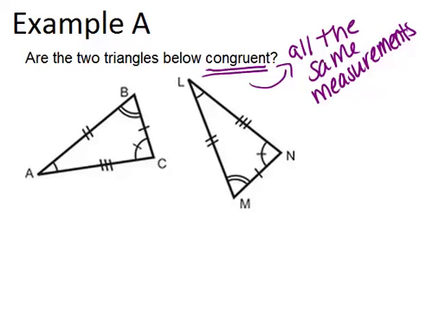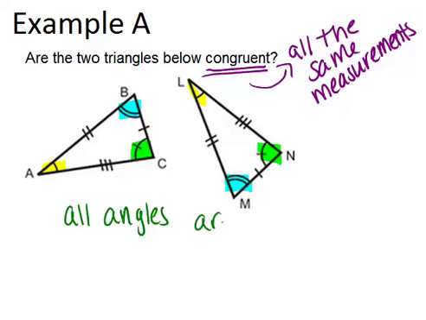If we look at these two triangles, we notice that there's one pair of angles marked the same, and a second pair of angles marked the same, and a third pair of angles marked the same. So that means that all angles are congruent, or really all pairs of angles are congruent.